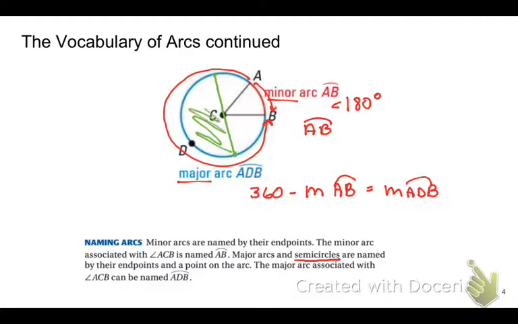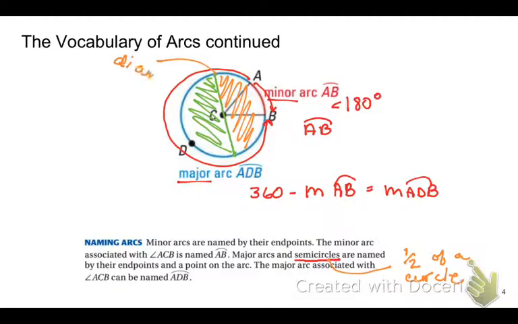So we have one half here, a diameter cuts the circle in half, and we have another half over here. So a semicircle is half of a circle, divided by the diameter. We're going to get onto that a little bit more.